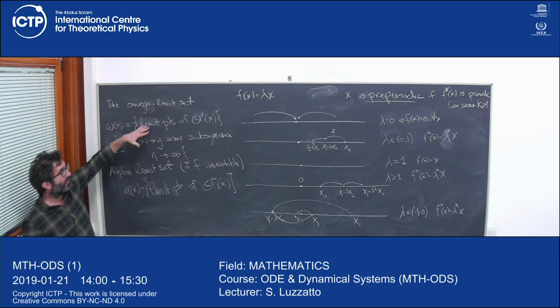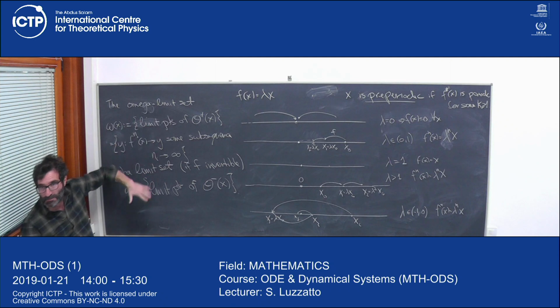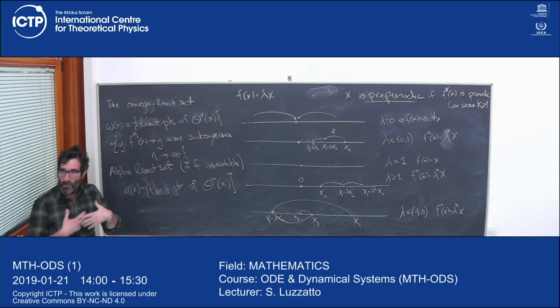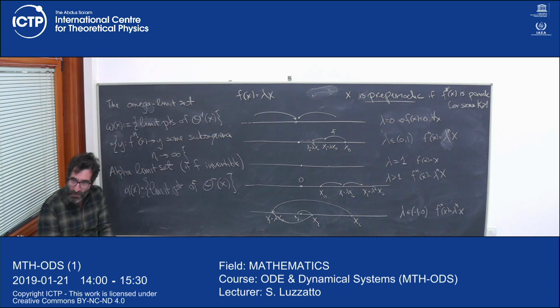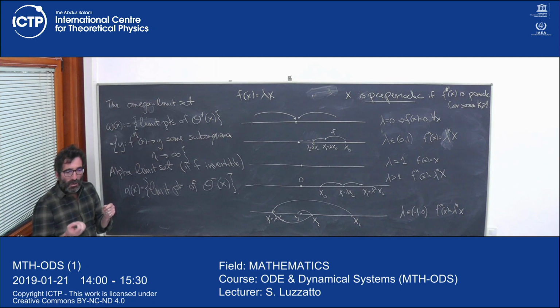Intrinsic in this is the fact that we have at least a topological space, or metric space, because you need to talk about the limit of a sequence. And then you say, well, if I have an infinite sequence, which is the orbit, maybe I'm not so interested in every single point of the sequence, but I'm only interested in where this sequence accumulates, in some sense, where this sequence kind of goes.